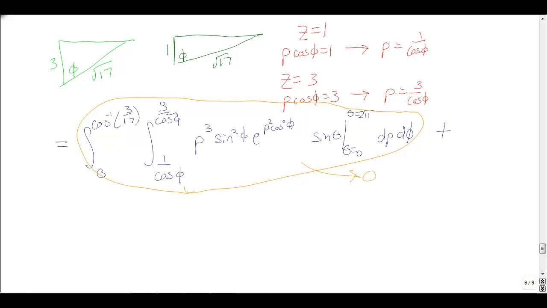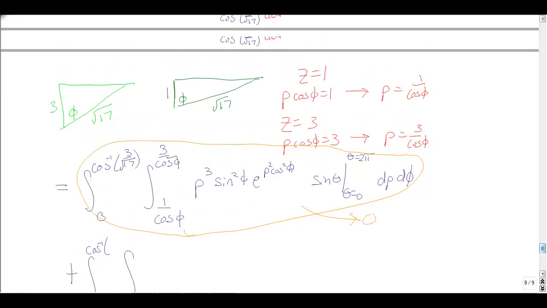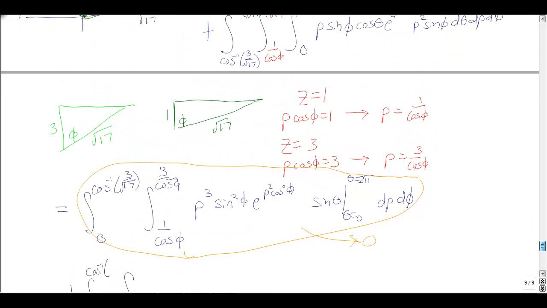And then we're going to add to it, and we'll write the plus down here. The second integral, the only thing that's different is these bounds, but that doesn't affect the fact that we got a 0 here. So we're going to go from, this was cosine inverse 3 over square root of 17. I missed the square root in the first one. Let's go through.